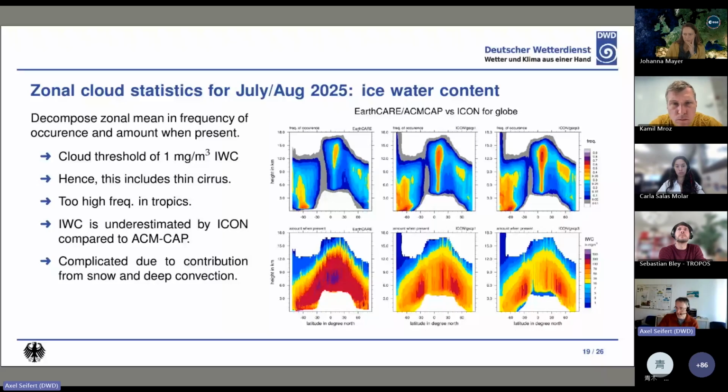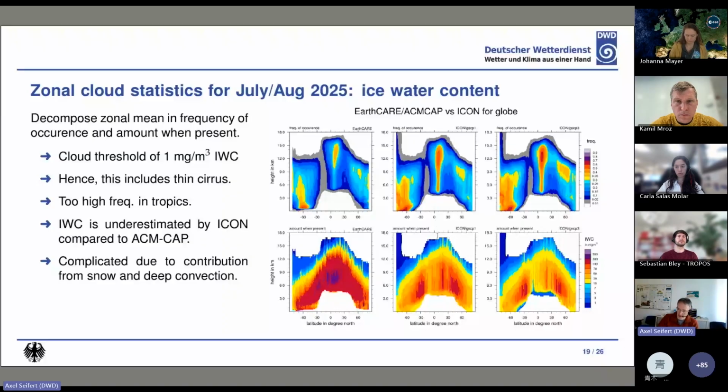And we have two corresponding ICON plots from the 1-moment and from the 2-moment microphysics, which look very similar, but have a positive frequency bias compared to the observations. So we have too often cloudiness, too often ice in the tropics, a little less so in the mid-latitudes.